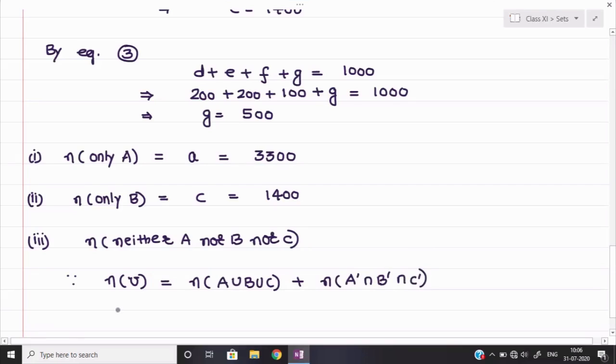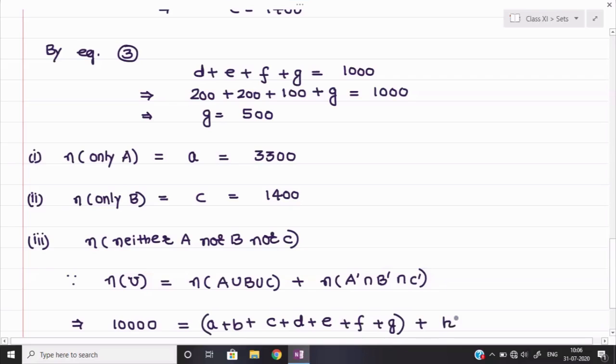Now n of U, how much have we been given here? 10,000. And n of A union B union C means A plus B plus C plus D plus E plus F plus G. This will be the value of n of A union B union C, and neither nor means we are finding the value of H in the question.